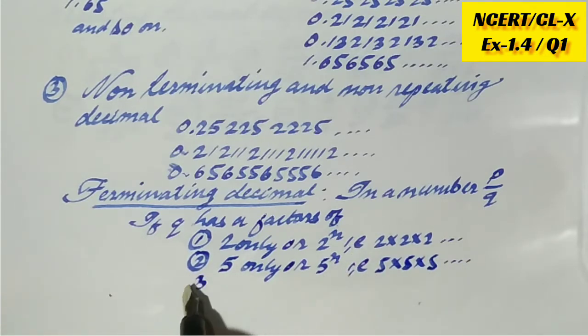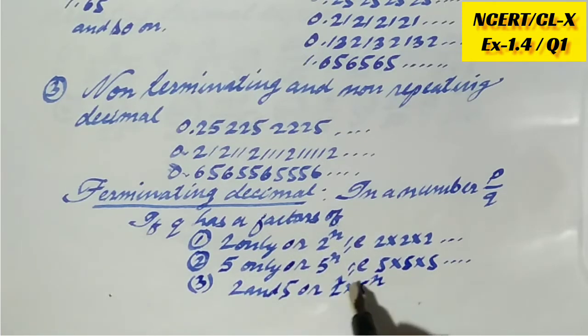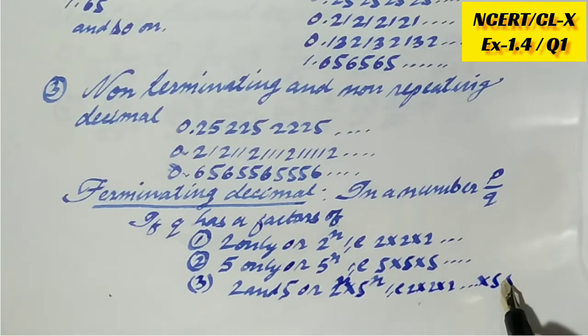And in the third type, if the denominator q has factors of both 2 and 5, like 2 to the power n into 5 to the power n, that means 2 into 2, 2 into 2 and 5 into 5 into 5.